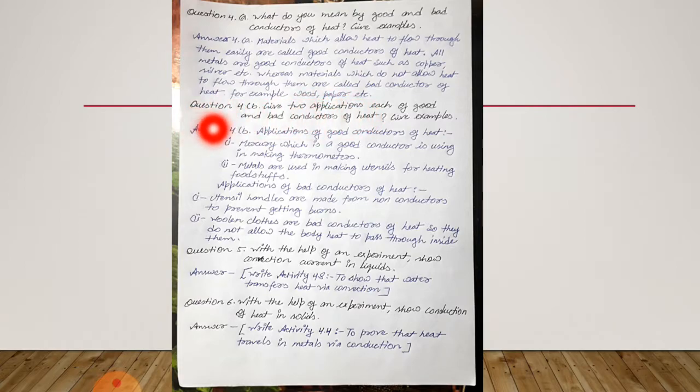Now question 4, part B. Give two applications each of good and bad conductors of heat. So its answer: applications of good conductors of heat. First, mercury, which is a good conductor, is used in making thermometers.